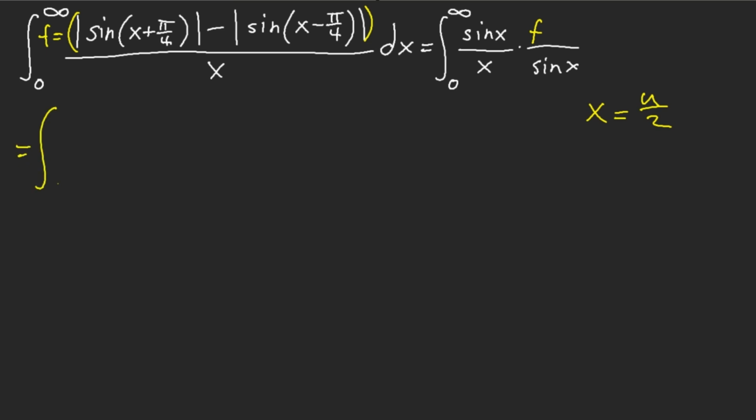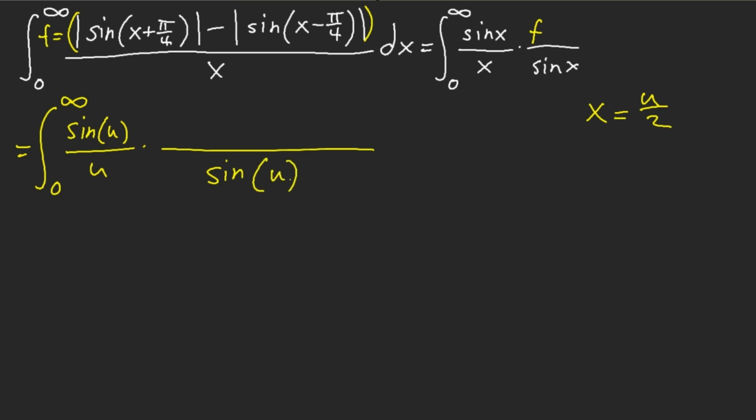So what we have now is sine of u over u, sine of u, and we have sine of u over 2 plus pi over 4.